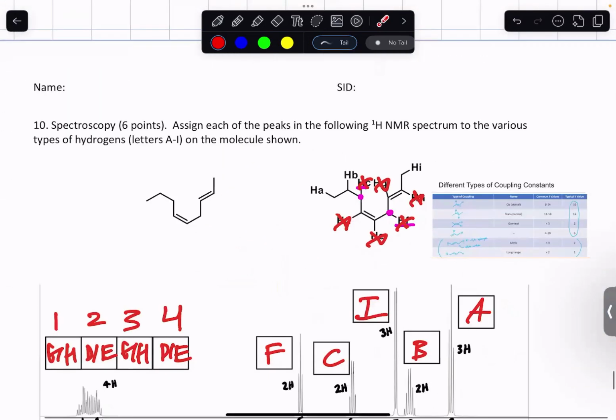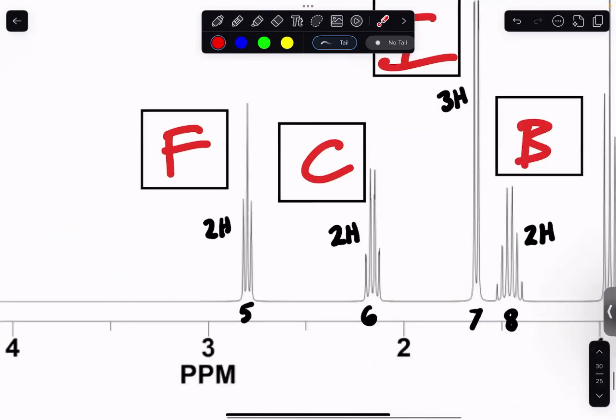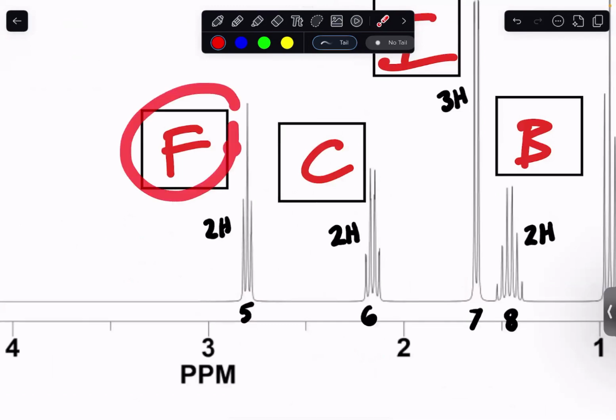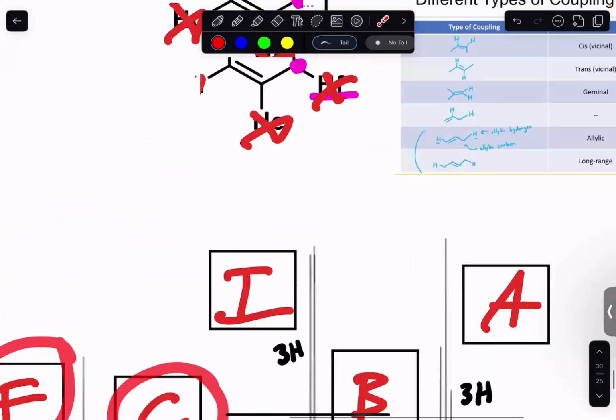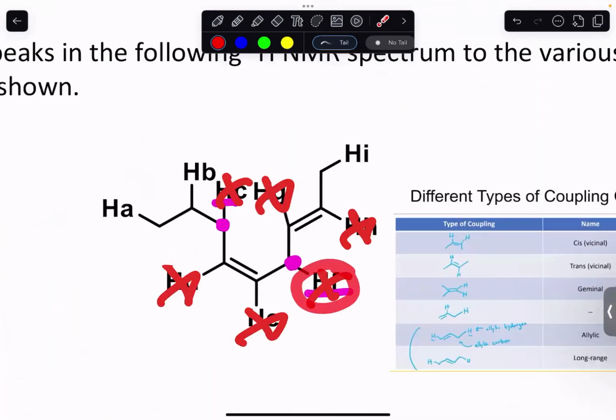Okay. And another way that we could confirm this is: why is F more deshielded than C? It's more to the left, more deshielded than C, even though they're both in the alpha region, because F is in between 2 alkenes, whereas C is only next to 1 alkene. F is alpha to 2 alkenes, and C is only alpha to 1 alkene. Because F is alpha to 2 alkenes, it's more deshielded.